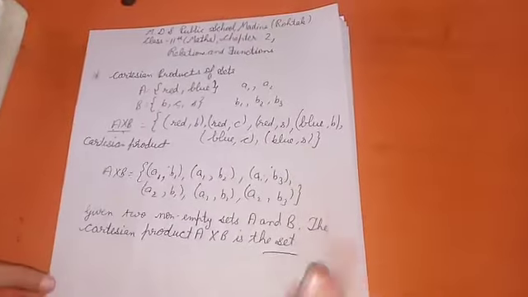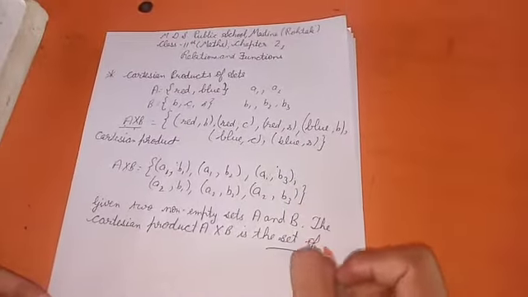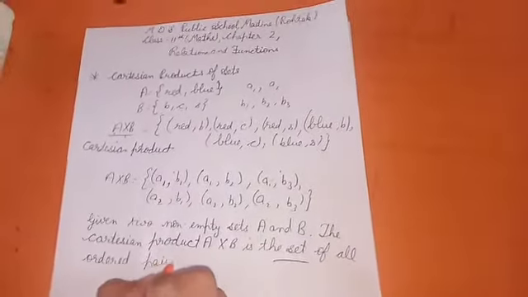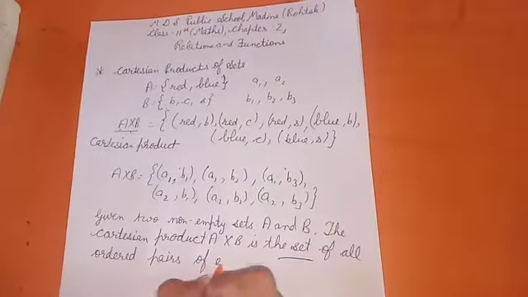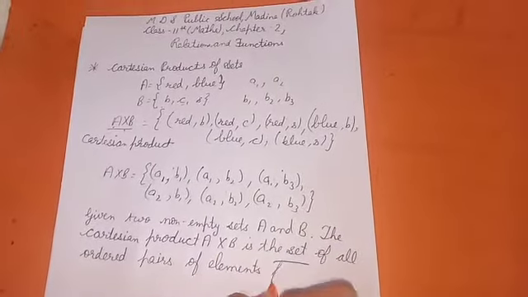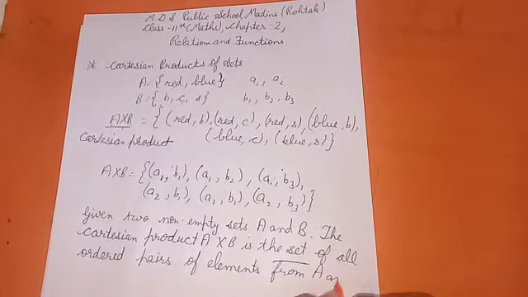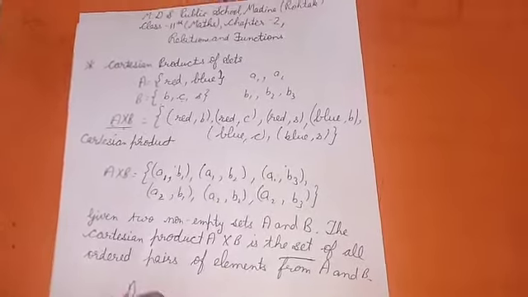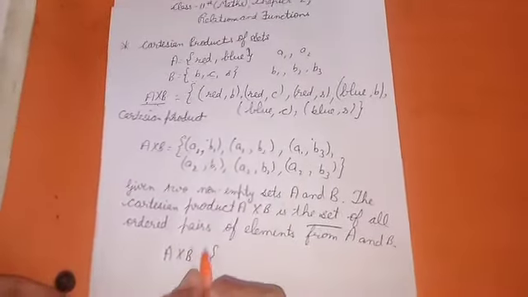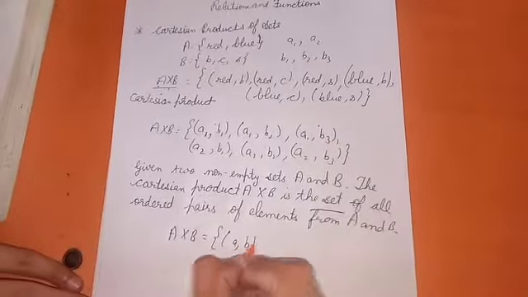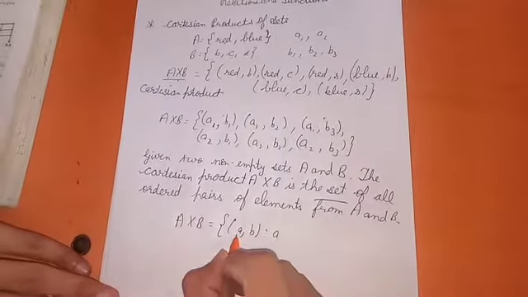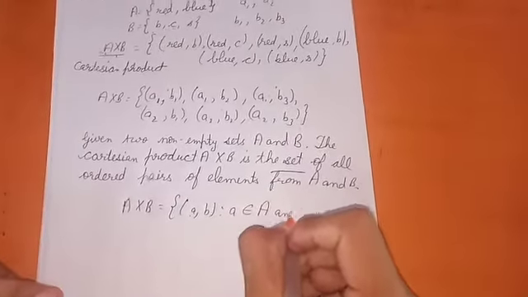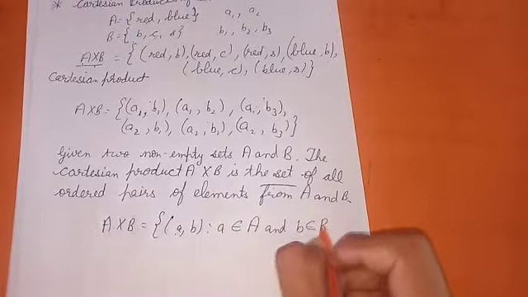It is the set of all ordered pairs of elements from A and B. That means A cross B, if you write this in set form, it will be (a, b), where this a belongs to set A and this b belongs to set B.